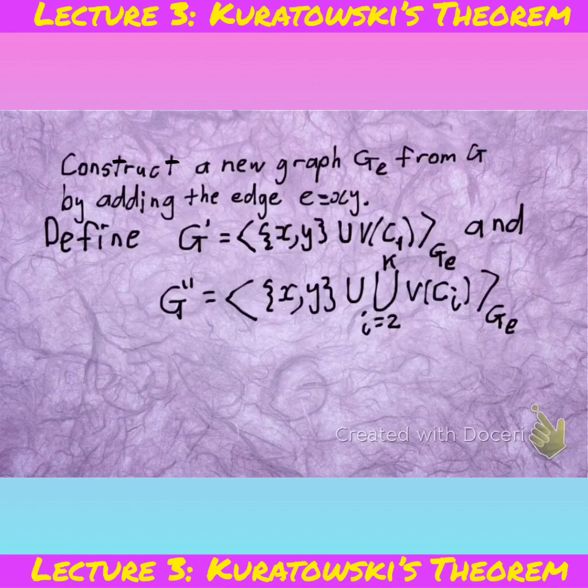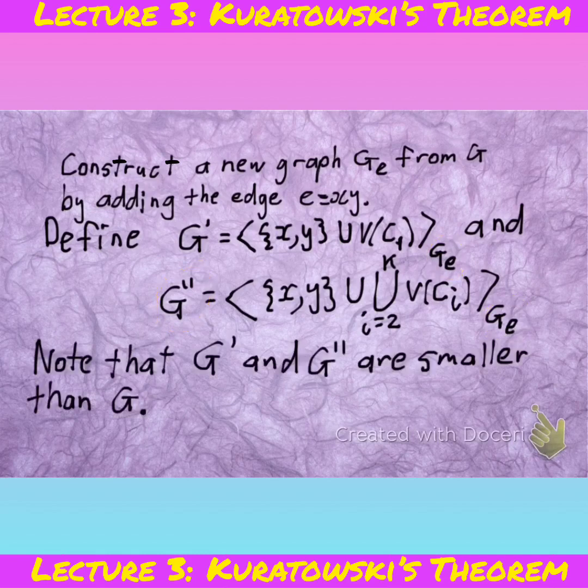Alright, so we do what we did previously, so you define the graph G prime and G double prime, but the only difference is that G prime is a subgraph within the new graph G subscript E. And G prime again is an induced subgraph of the new graph G subscript E. Now it's important to note that G prime and G double prime both are still smaller than the graph G. They've got fewer edges and a fewer number of vertices.